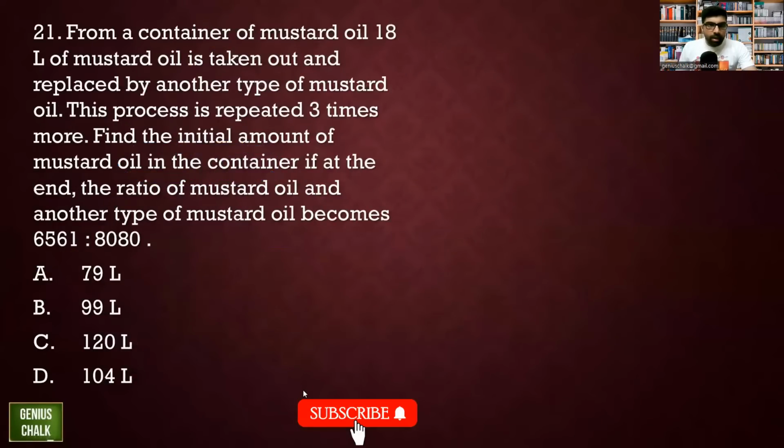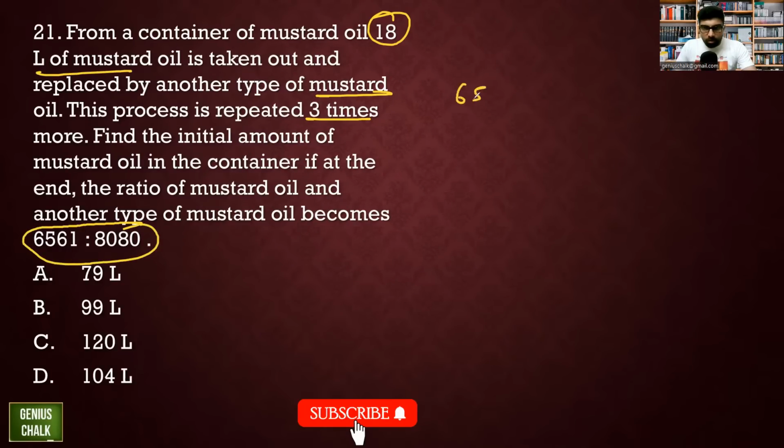All right. Next one, from a container of mustard oil, 18 liters of mustard oil is taken out and another type of mustard oil is replaced. So this is happening 3 times, and yeah, final ratio is given as 6561 is to 2. So the mustard oil left is this, and the new mustard oil which we have added is this. So I can write, what is the total?